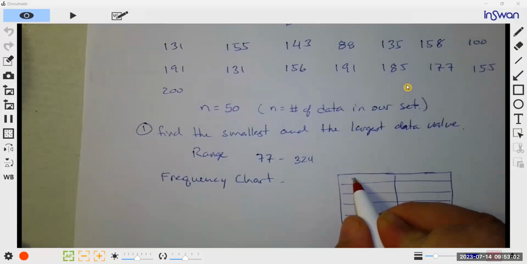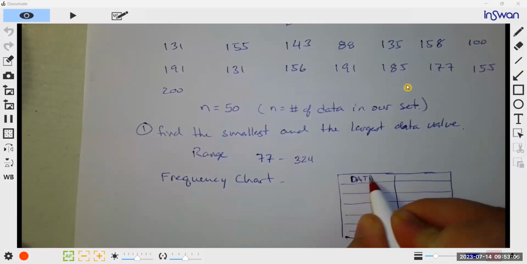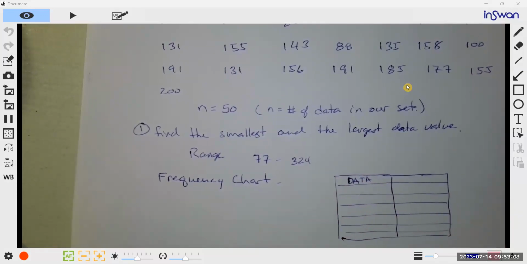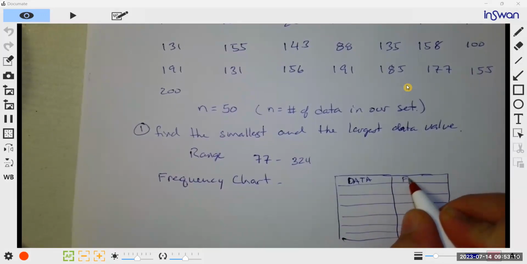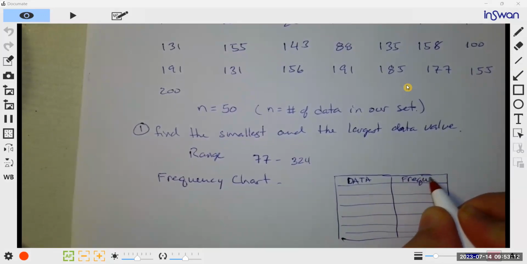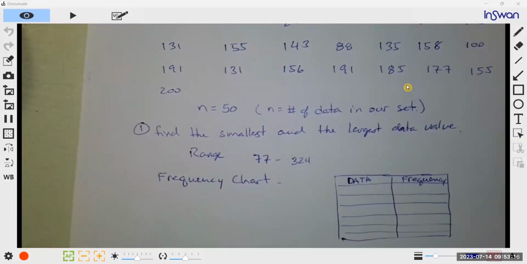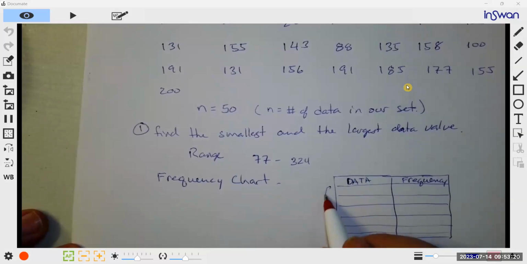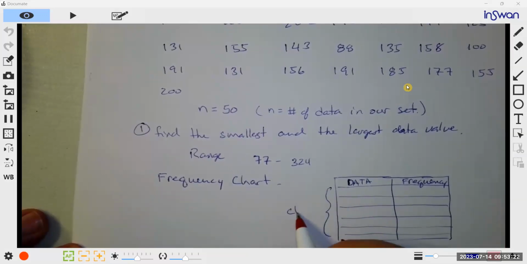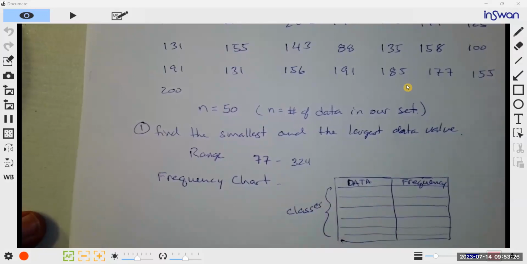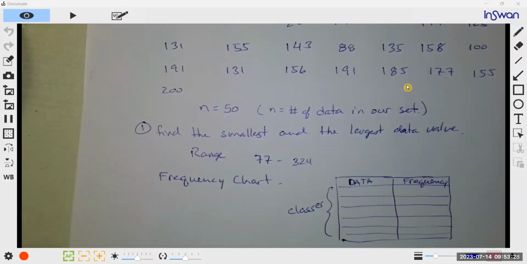Our data values go here, and the frequency of those data, or the number of times they occur, goes there. So these are called our classes, our frequency classes, and that's our frequency.